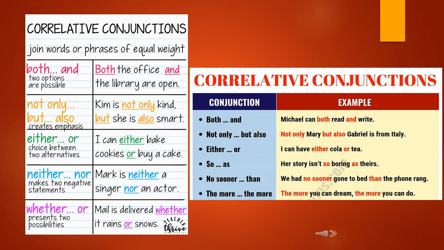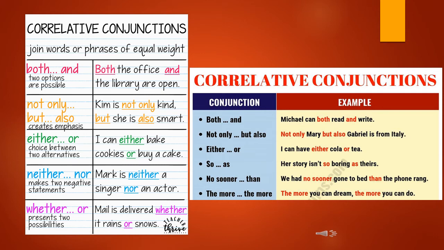Number 2, either or. I can have either cola or tea. So next example is I can either bake cookies or buy a cake. So in your book the example is I am going to buy either a camera or a CD player with this money. So we are using either or collectively.